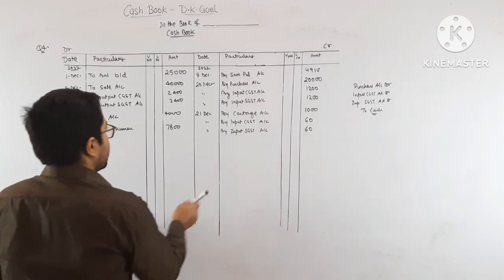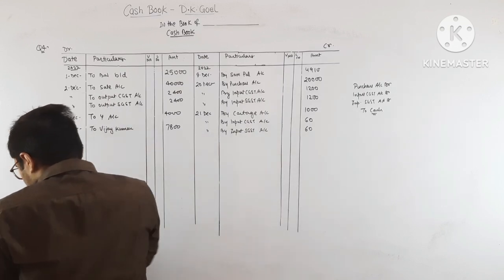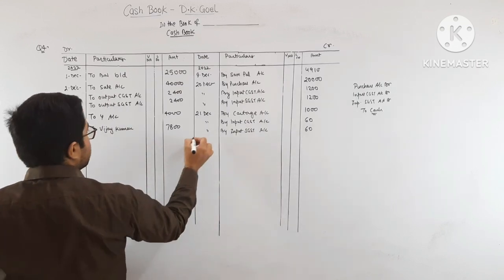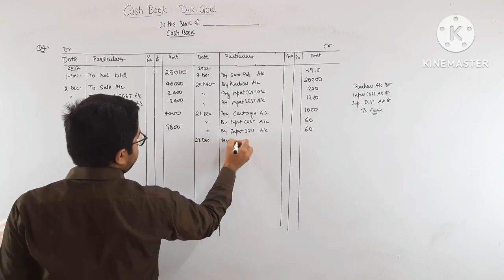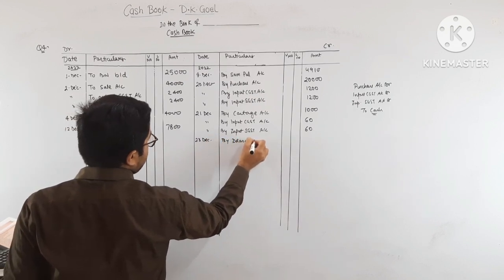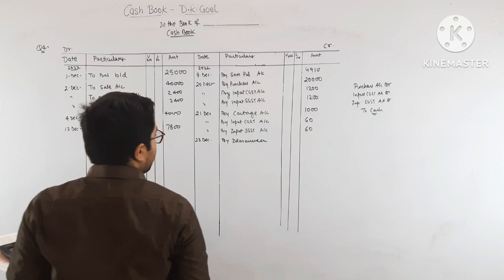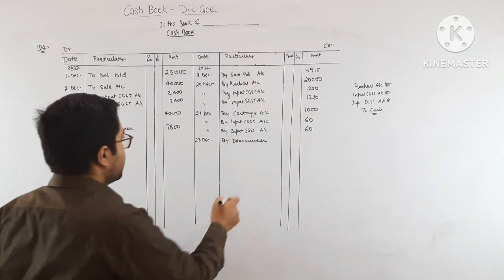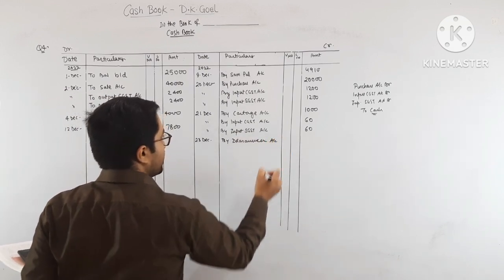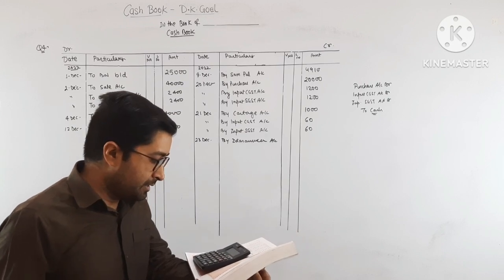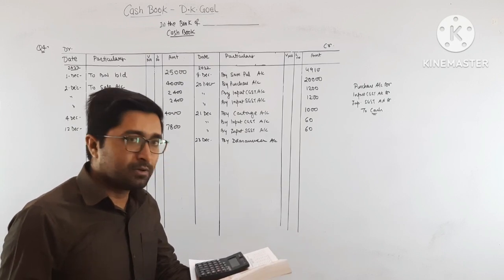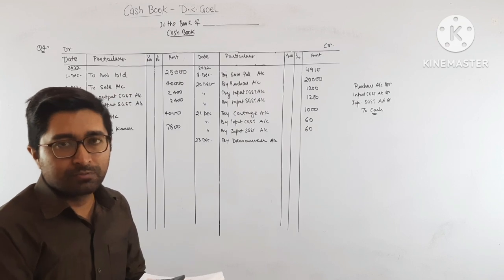So the entry will be 23rd December. By Dharamveer account, remitted to Dharamveer 1880, and discount received is 120, or discount allowed by him is 120.